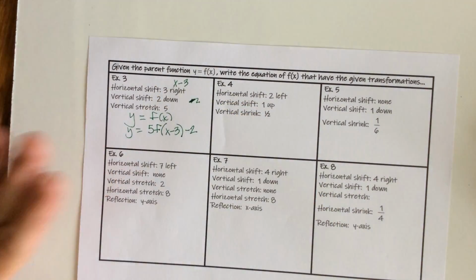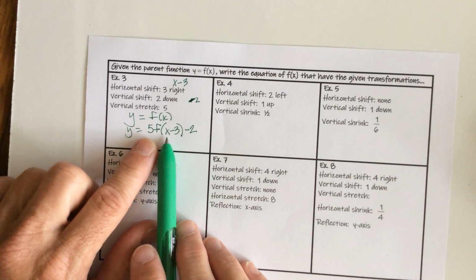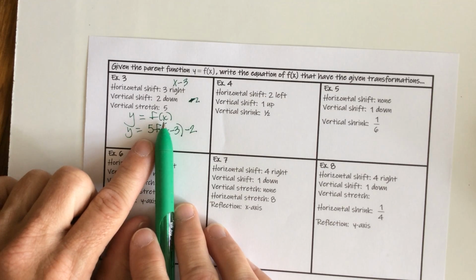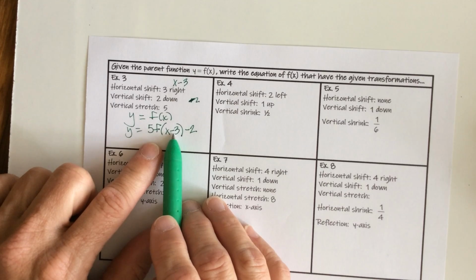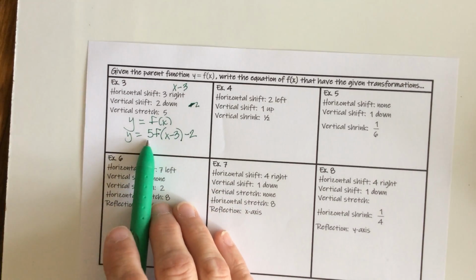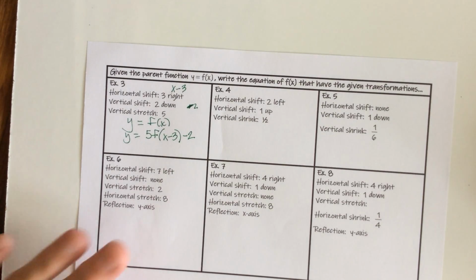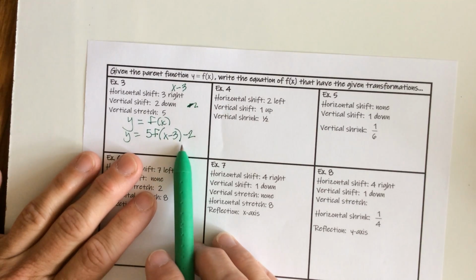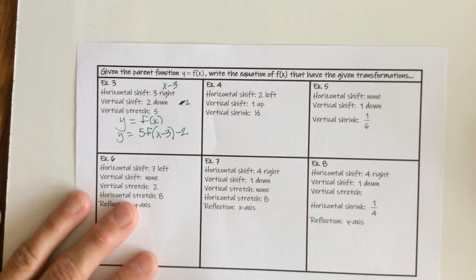So I have minus 2. So what I've got here tells me that my function f, whatever it is, is going to be shifted to the right 3 and down 2, and the 5 tells us that we will have a vertical stretch of a factor of 5. So this is just writing the equations in a general form to represent any function.